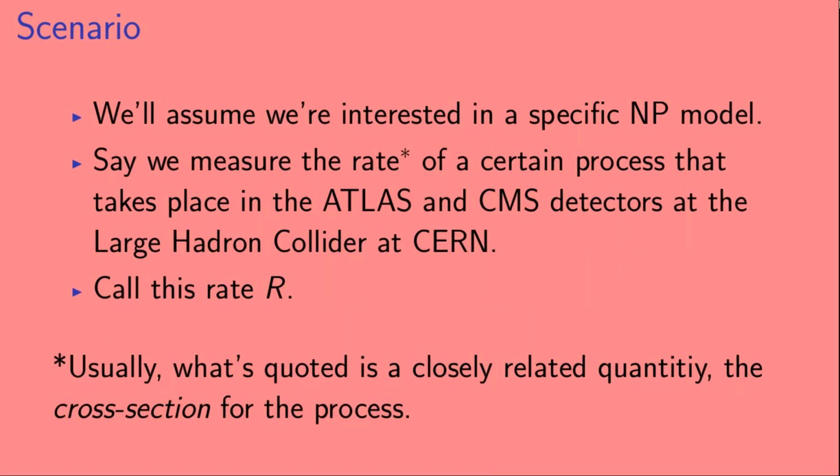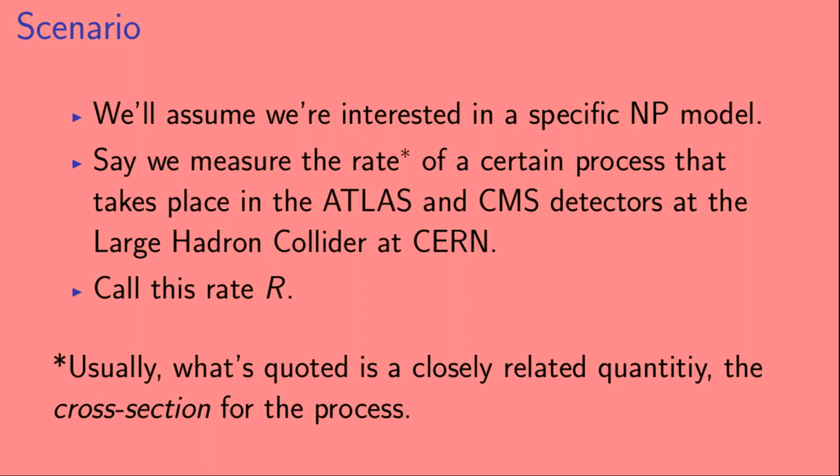Okay, so here we'll assume we're interested in a specific new physics model. Let's say that we're going to measure the rate of a certain process that takes place in the ATLAS and CMS detectors at the Large Hadron Collider at CERN.